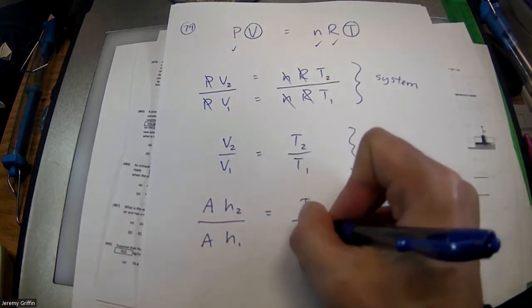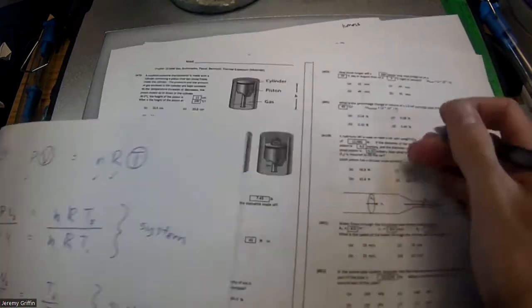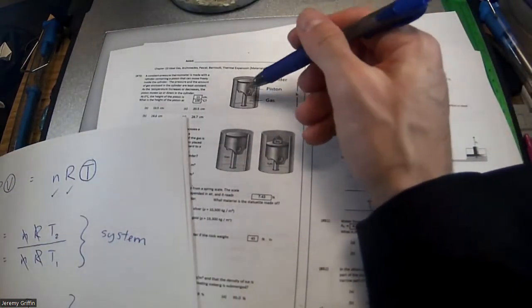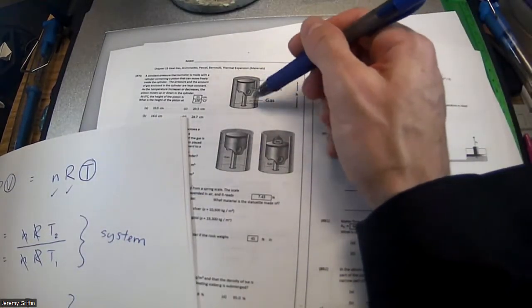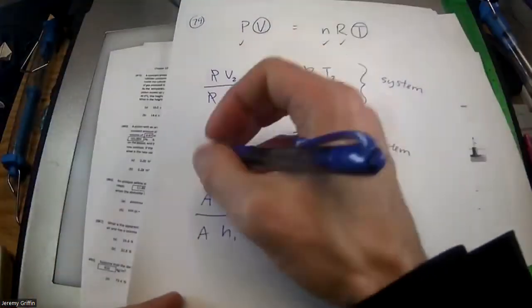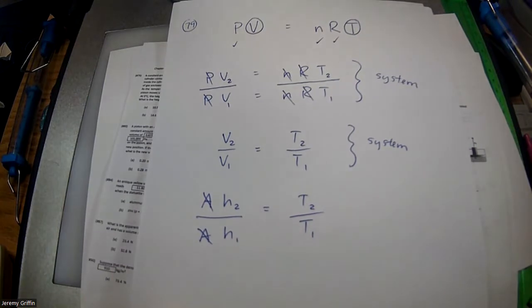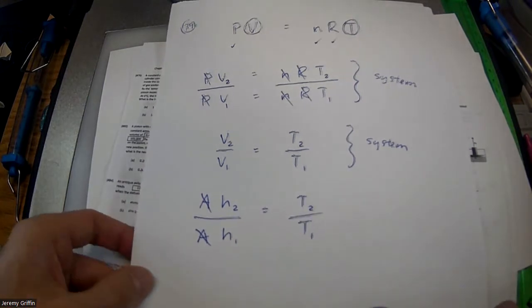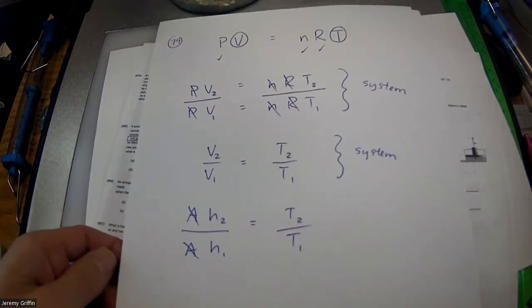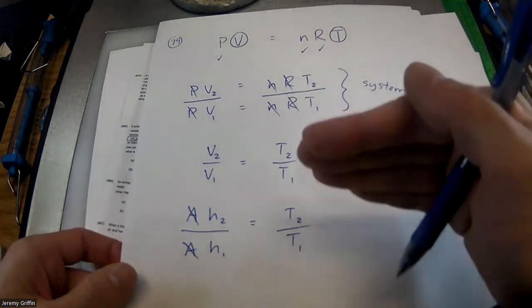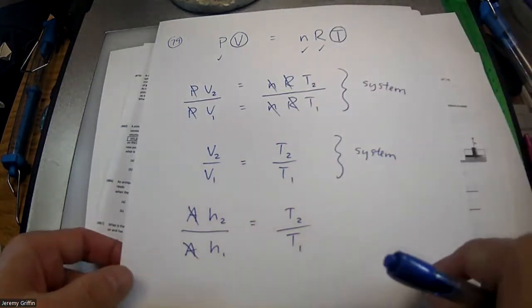Now it's the same cross-sectional area, because all this piston's going to do, the cylinder is going to just move up and down, right? So area also cancels out. Okay, so it looks like the ratio of the heights also happens to be the ratio of the temperatures. All right. You possibly intuited that, right? Like if you double the temperature, it's going to double the volume, therefore double the height for constant area.